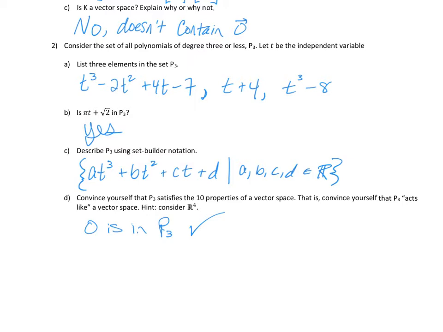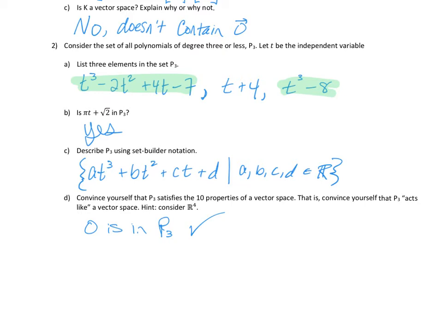Another thing that we need to check is closure under addition. If you add 2 polynomials, let's just pick 2 from up here, maybe this one and this one, do you get another third degree or less polynomial?